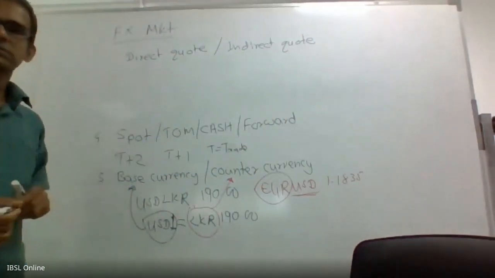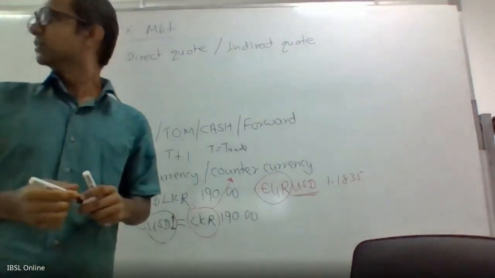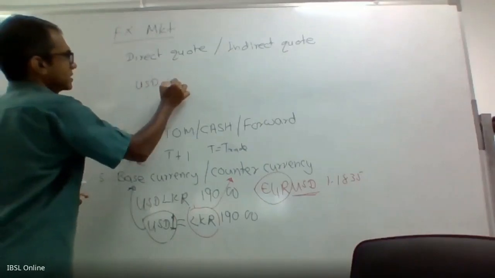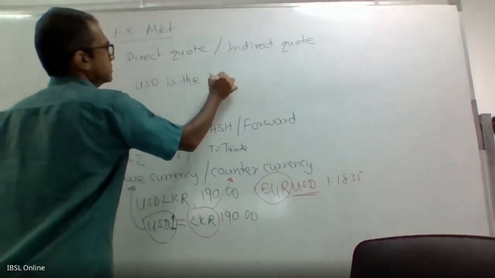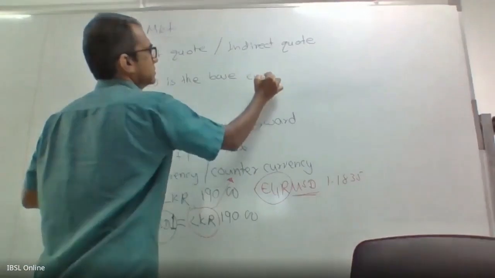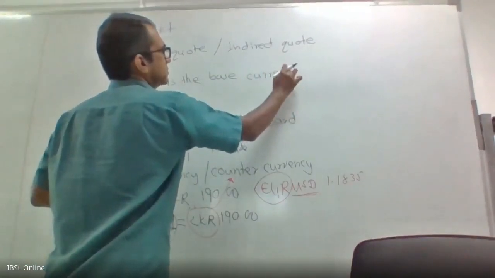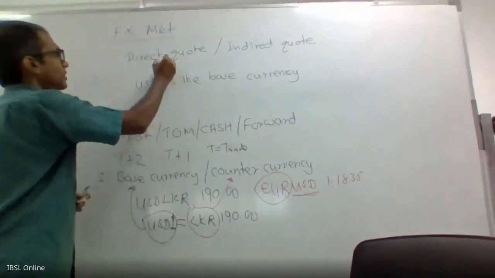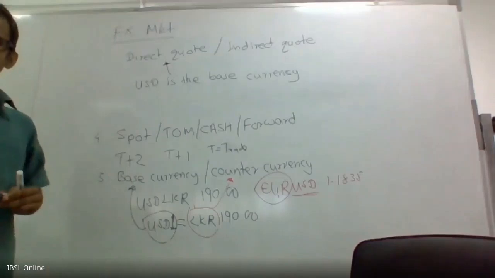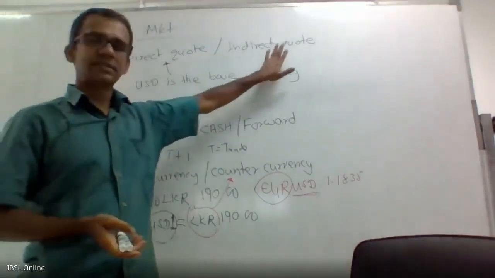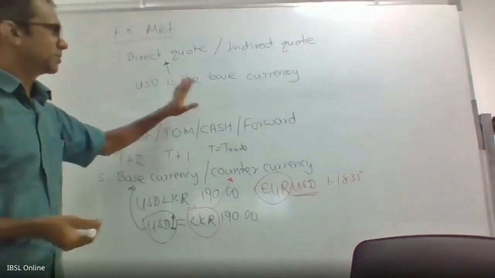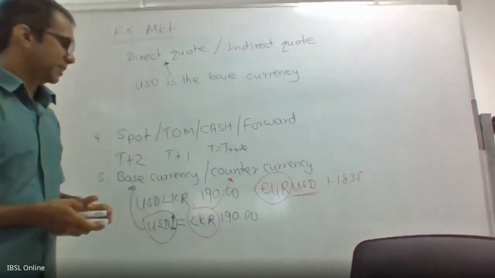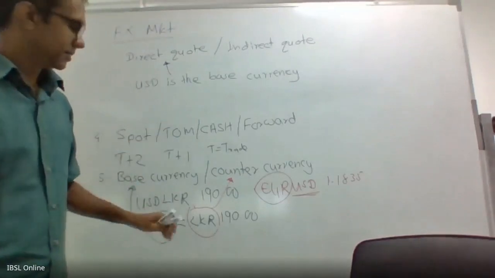In the direct quote, the simple rule to remember is if USD is the base currency, we call it a direct quote. Otherwise, it's an indirect quote. This is applicable only when the dollar is appearing in the exchange rate.